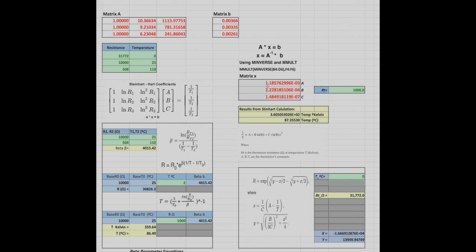The current that flows through RT is the same current that flows through RS. So we don't know what the voltage across here is yet, because we're not measuring that yet, and we don't know the current right off the bat, but we do know we're going to measure A0, and we do know what the value of RS is. So we can say the same current that flows through RS is the same current through RT.